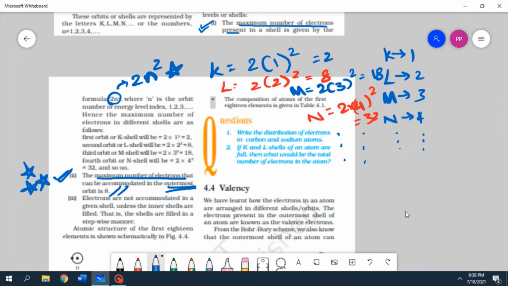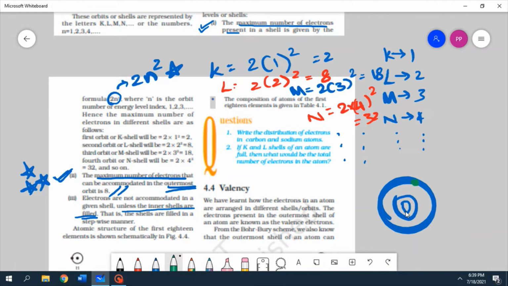The third one says electrons are not accommodated in a given shell unless the inner shells are completely filled. So the shells are filled in a stepwise manner. If you have 3 shells and you have 4 electrons, you can't put one in the outermost shell, one in the innermost shell, and one in the middle shell, and then distribute the remaining electron wherever you want.